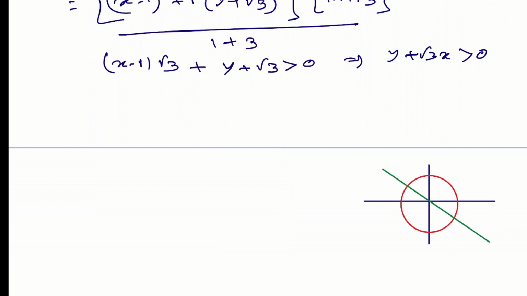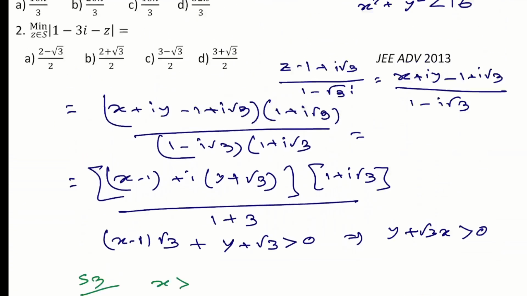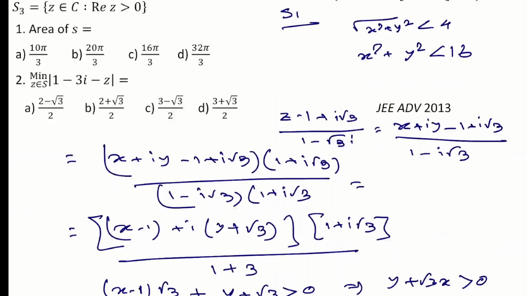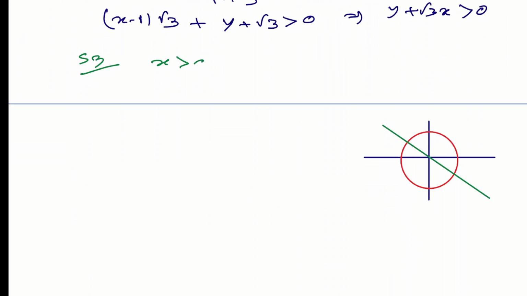One more thing I forgot to tell: the real part of z is greater than 0, so S3 is x greater than 0, it means positive x. So S1, S2, S3, the common intersection is this part. All the points here are the common intersection.